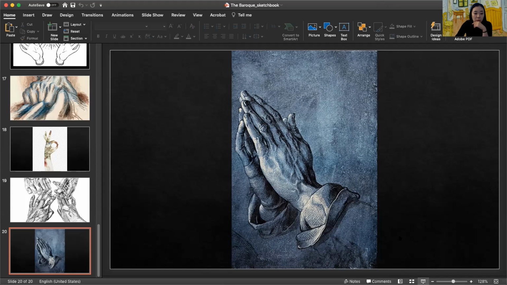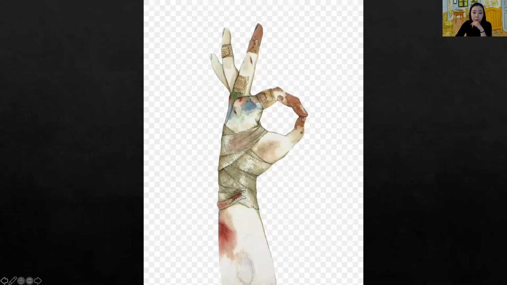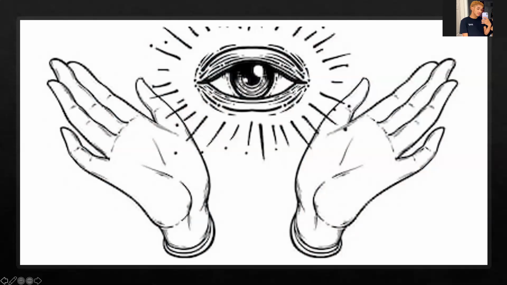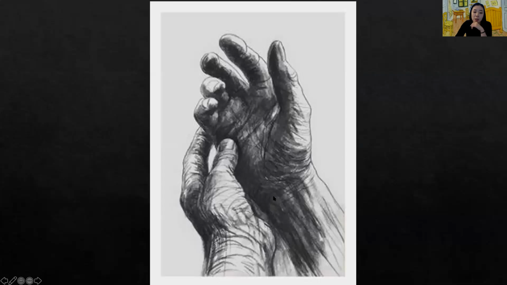Okay, so let me go back to the example. So this is actually the real Baroque art style shading. So make a very big highlight shading like this.